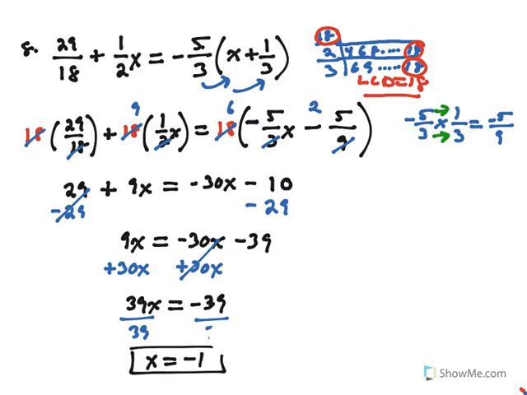However, on the right side, I did the 18 times minus 5/3 x, and I canceled the 3 with the 18, and I got 6. 6 times minus 5x, I got minus 30x. And then I canceled the second 9 with the 18, and I got 2. And then I did 2 times minus 5, I got negative 10.